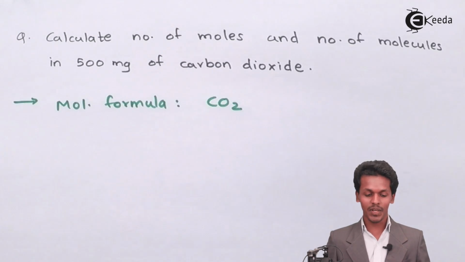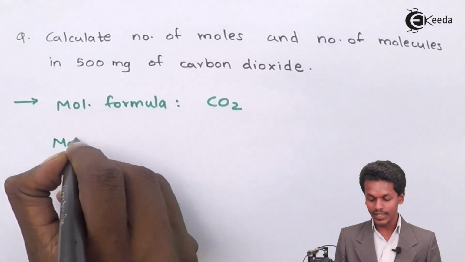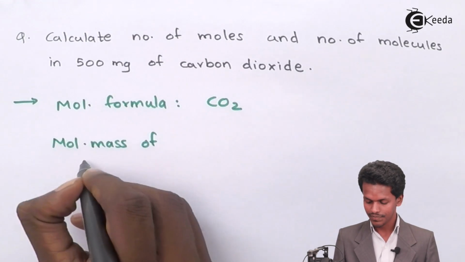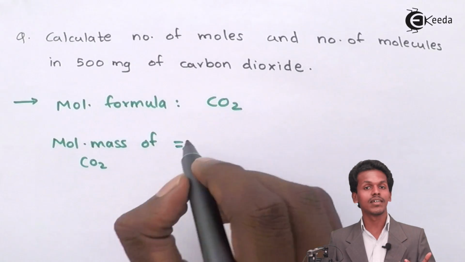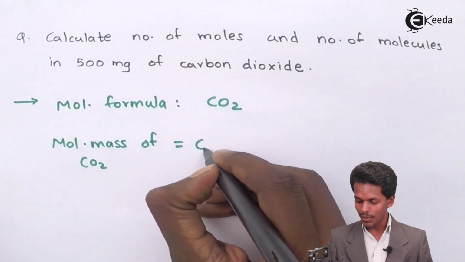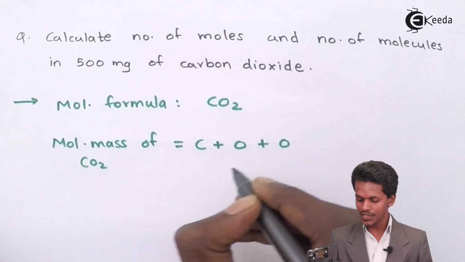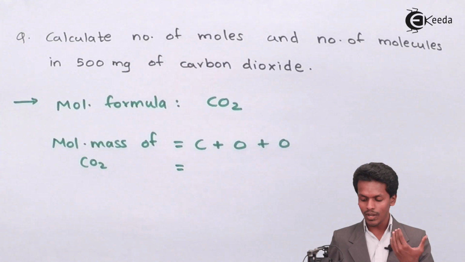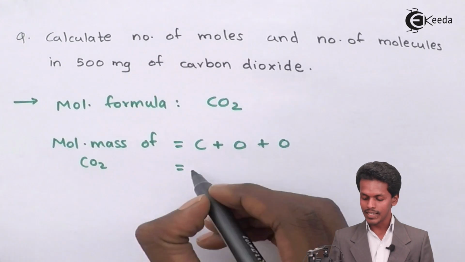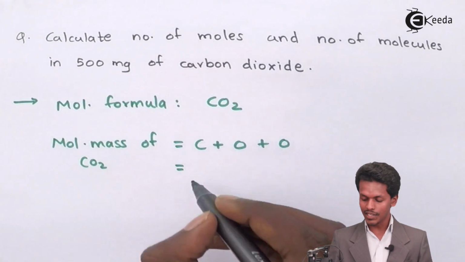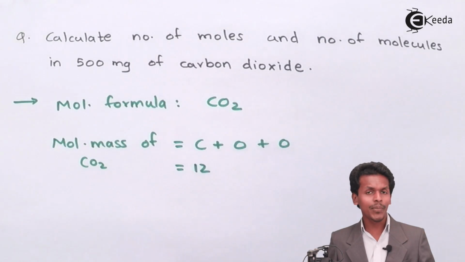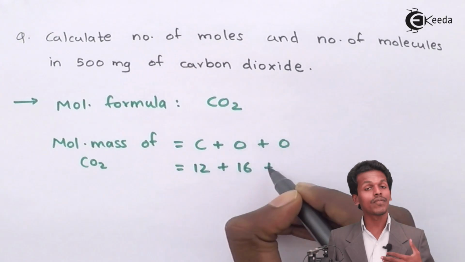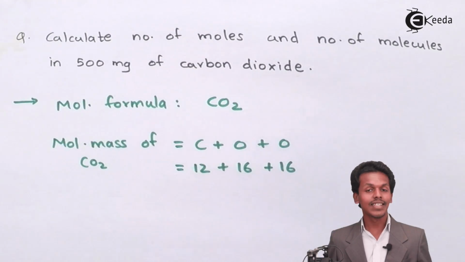How can we calculate it? It is very easy. The molecular mass of carbon dioxide is carbon plus oxygen plus oxygen, so now it is distributed into atomic format. The molecular weight of carbon is 12 gram per mole, that of oxygen is 16 gram per mole, and again oxygen is 16 gram per mole.